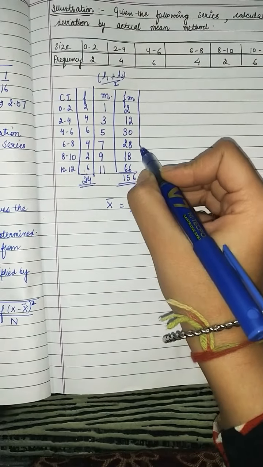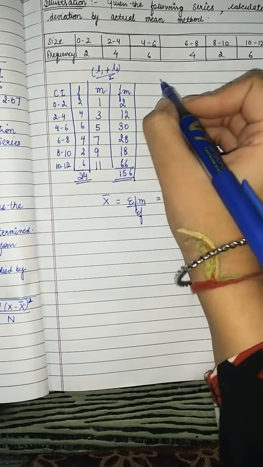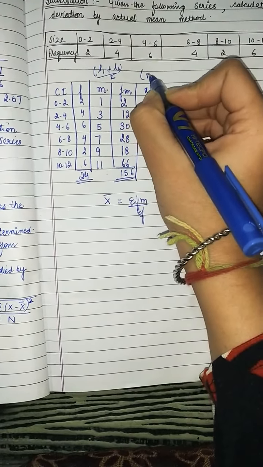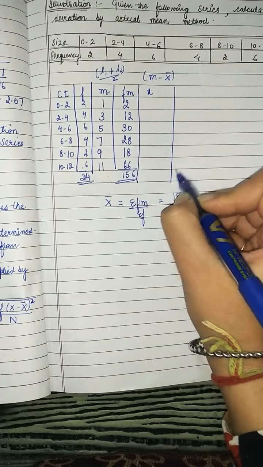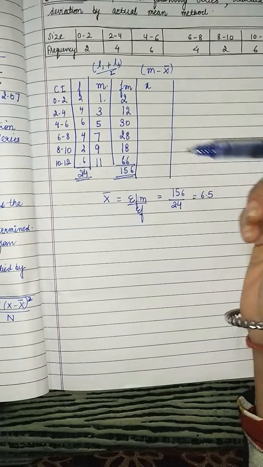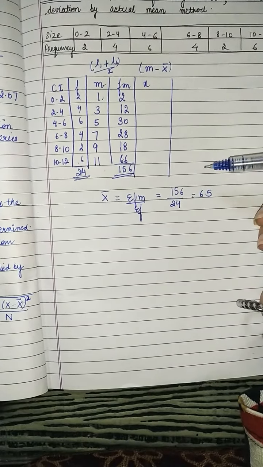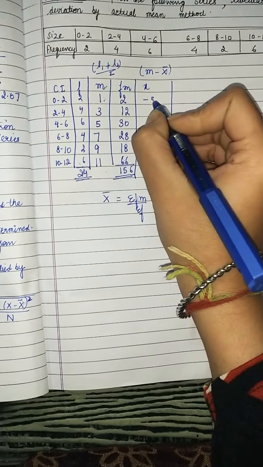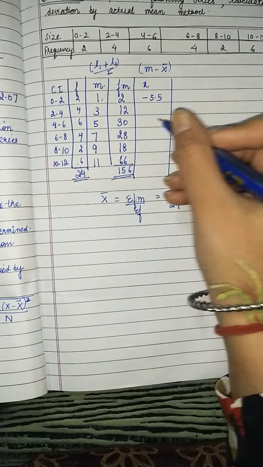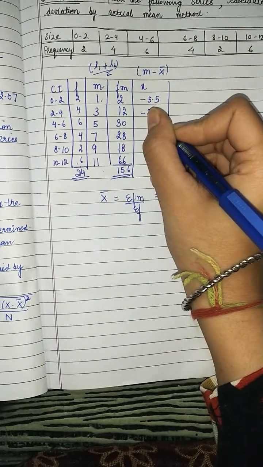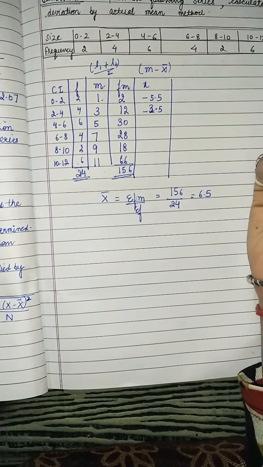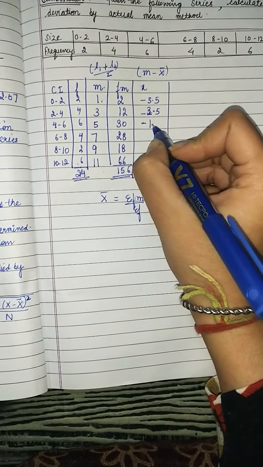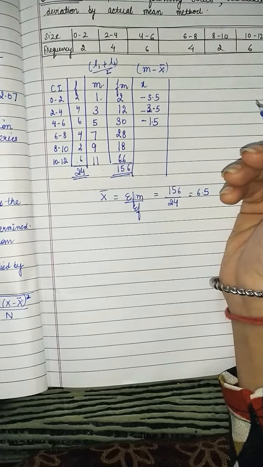After that, we calculate small x, which is mid value minus mean. Mid value is 1, mean is 6.5, so 1 minus 6.5 is minus 5.5. 3 minus 6.5 is minus 3.5. 5 minus 6.5 is minus 1.5.